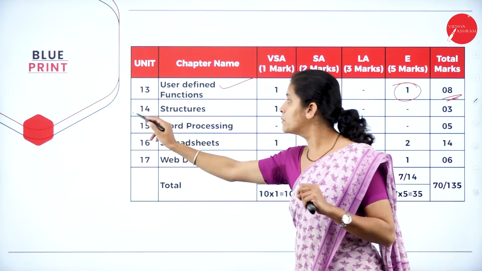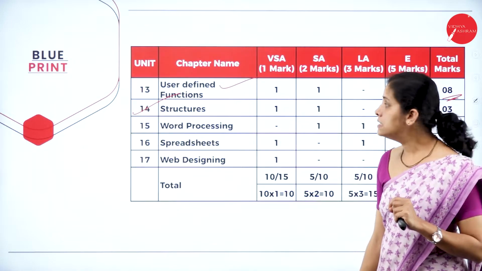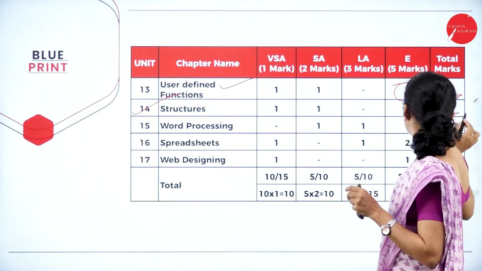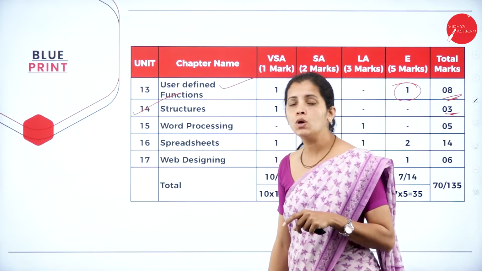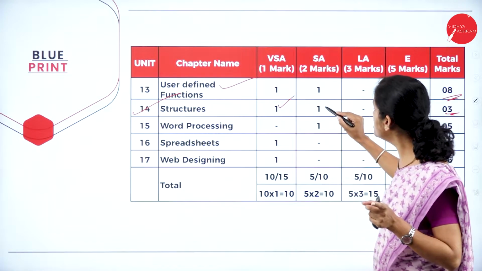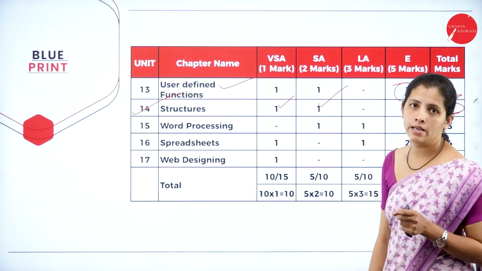Moving further, I'm going to the chapter 14, that is structure. If I study this chapter, I can score only 3 marks. That means I'm going to get one 1-mark question and one 2-mark question. It is 3 marks.